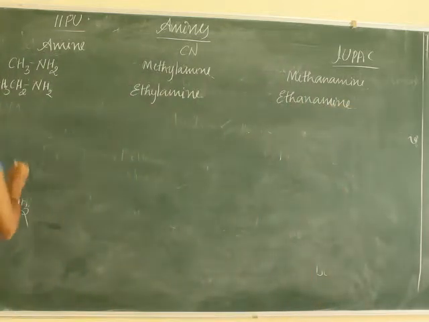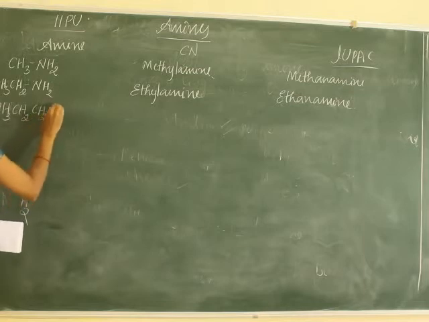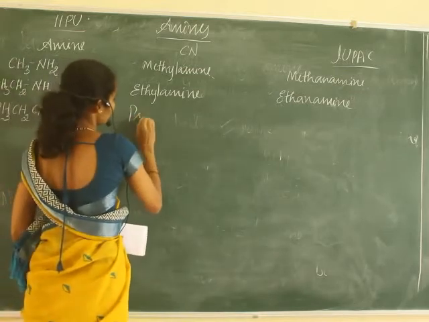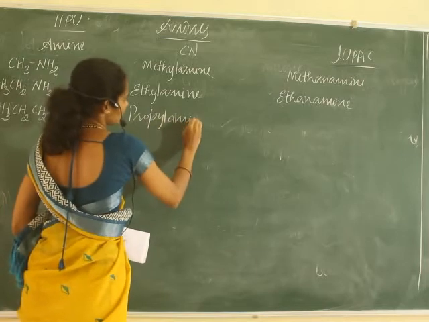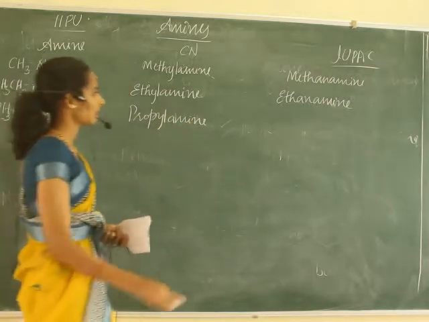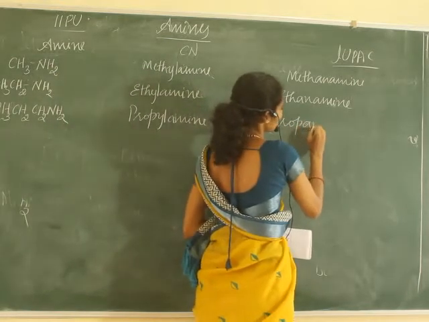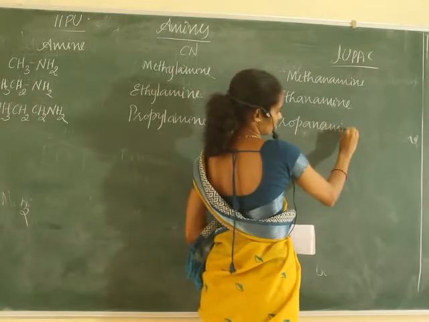Next is CH3CH2CH2NH2, 1, 2, 3. 3 carbon atoms are there, and the alkyl group is a propyl group, and propyl as prefix ends with amine, propylamine, and the IUPAC name is propane, and E is replaced by amine, propanamine, right?